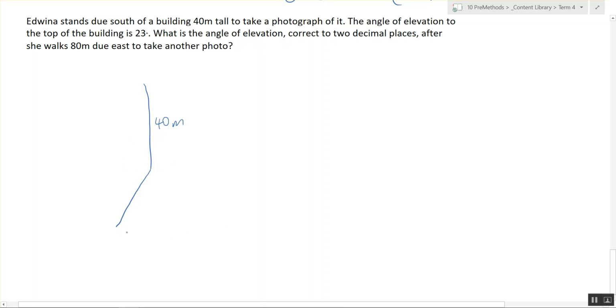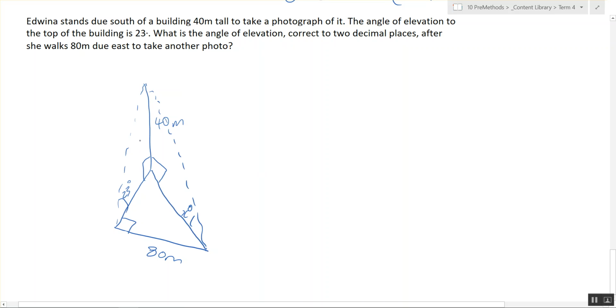So this question is all about getting the diagram, okay? So we have a 40-meter high building. She's gone south, and then she's gone east 80 meters, okay? When she's gone south, it's a right angle, yep, and we have an angle of elevation of 23 degrees. Okay, then she's gone east, also right angle, and now she's got the same height.